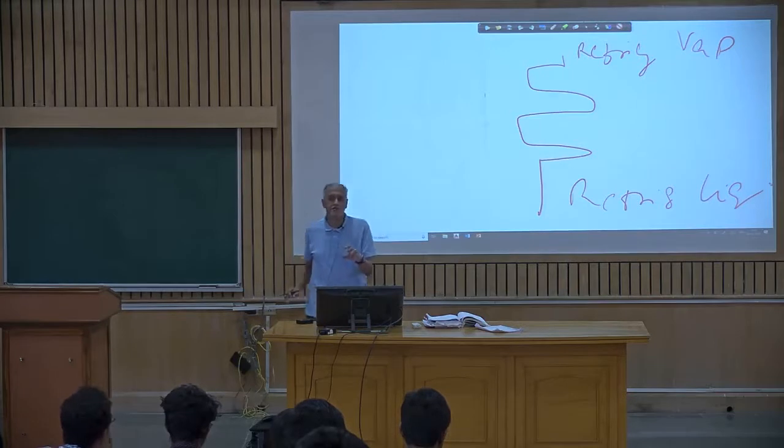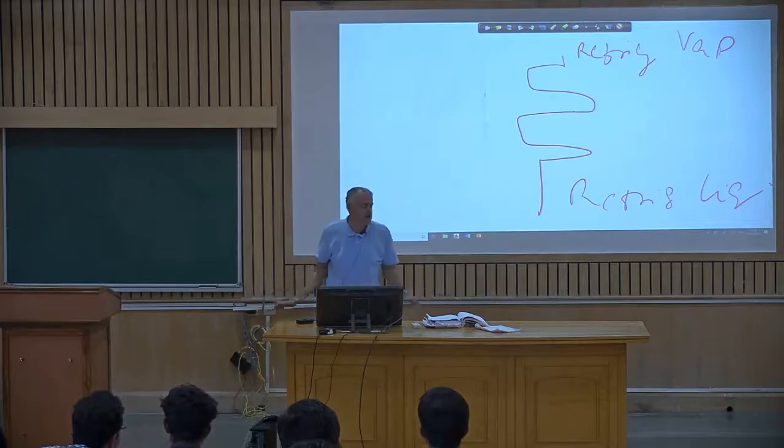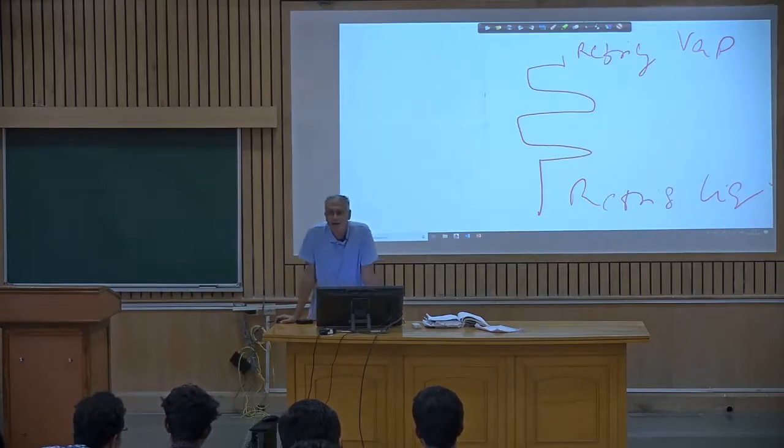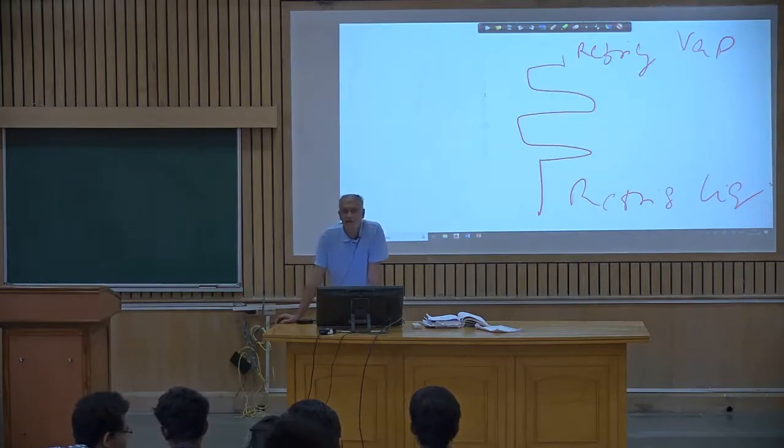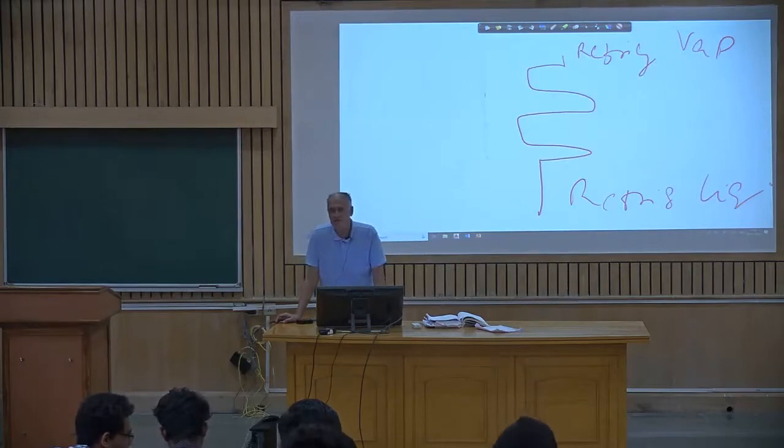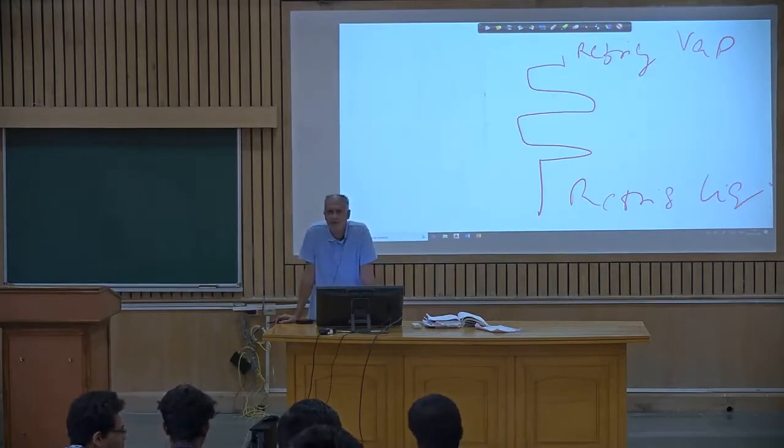So this is like an impromptu quiz. Exo or endo? I think some of you must have done well in the midterm. Yeah, exo. So if it's giving out heat, what should be the heat exchange? That heat should be used by who? The same material or some other material?